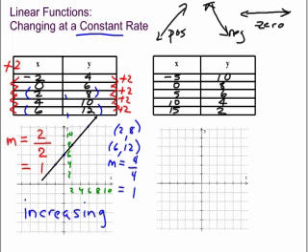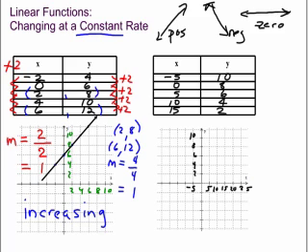I'm going to set my scale just based on what I see here along the x-axis to be 5. So 5, 10, 15, 20, 25. And along the y-axis, I am going to go by 2, 4, 6, 8, and 10. I'm just setting it this way strictly based on what I see in my table.